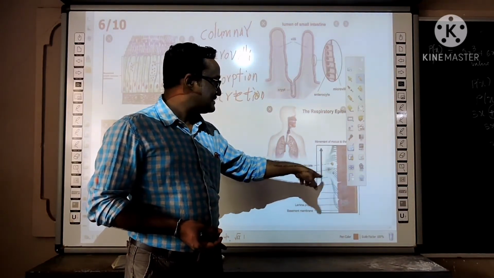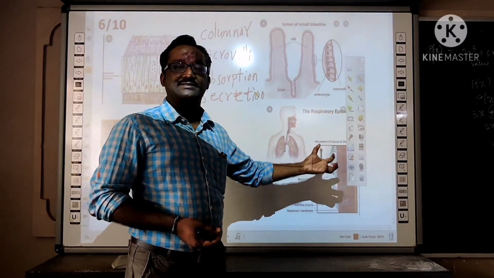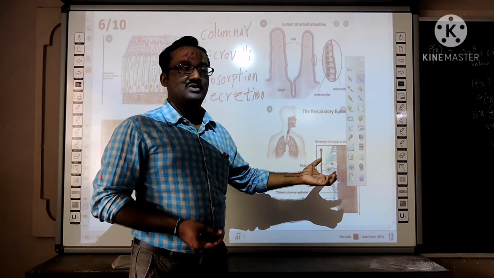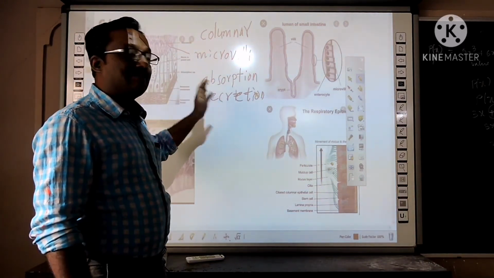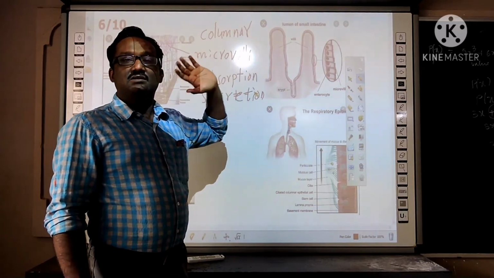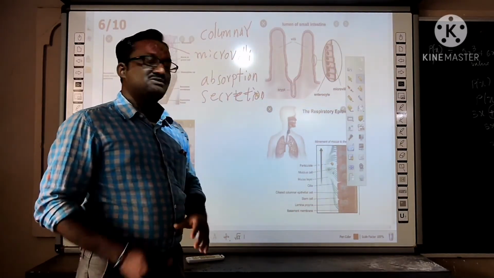These cilia move the particles and trap any dust particles in the air. So the columnar epithelium mainly helps with absorption and secretion. The locations, as I said, are the villi of the small intestine, bronchioles and the glands.